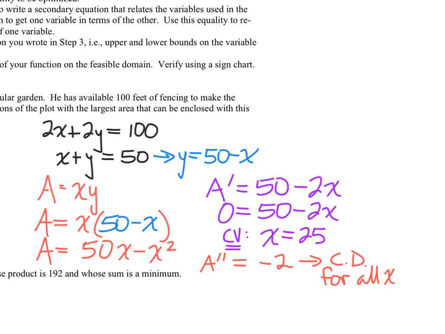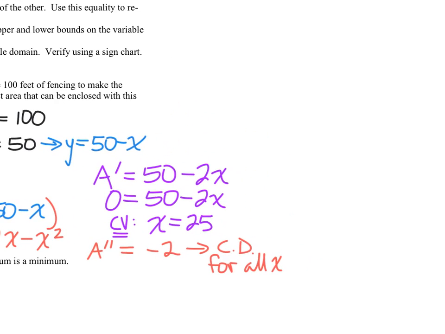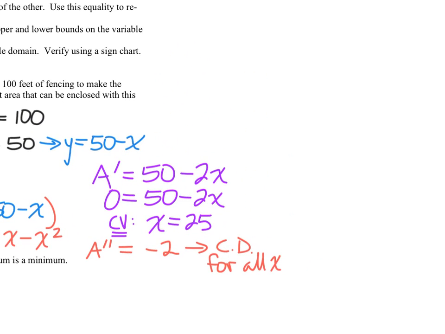All right. So if a function is concave down in its entire domain, and you have an extreme value that could either be a maximum or a minimum, it must be a maximum. Therefore, maximum.